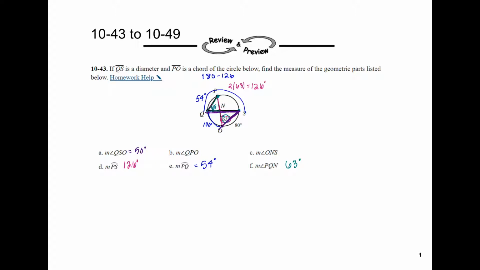I know that QPO is connected to the same points on the circle, Q and O, so it would have to also be 50 degrees. And then if we look at the measure of angle OS, we could figure that out by doing 180 minus 50 minus 63, which would tell us that that is in fact 67 degrees.